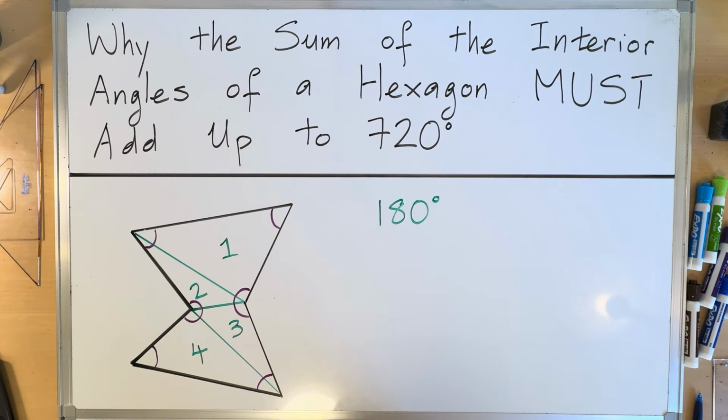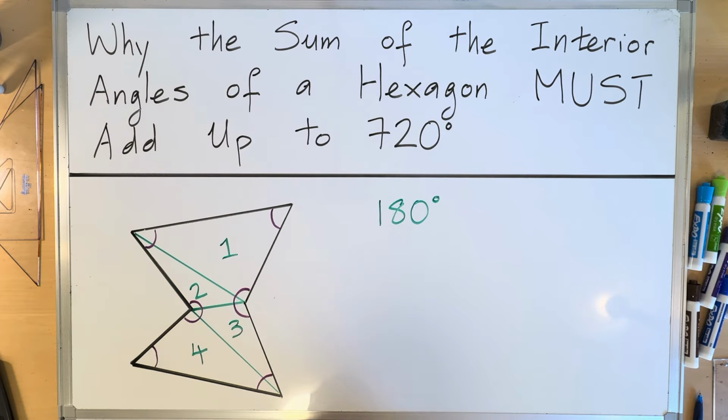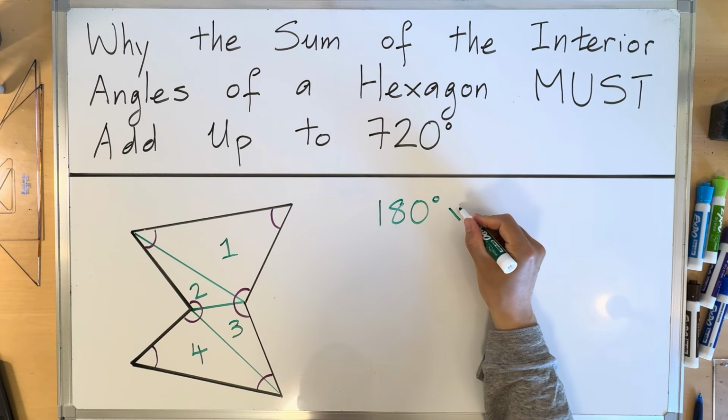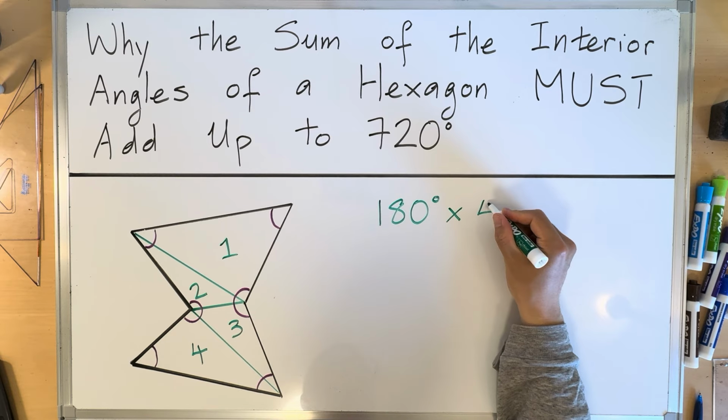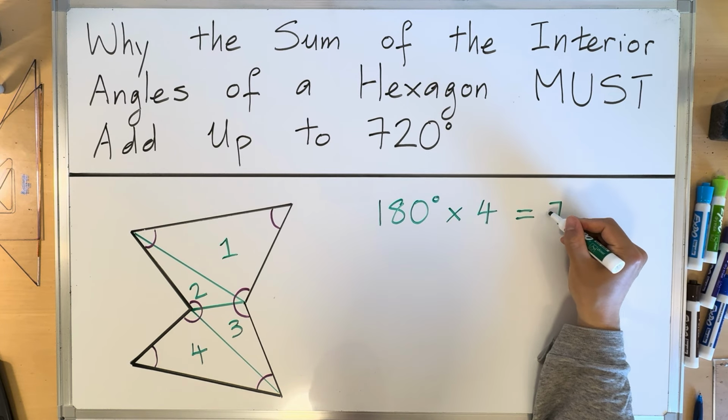And given the fact that we have 4 triangles, all we need to do is multiply 180 degrees by 4. And that gives us 720 degrees.